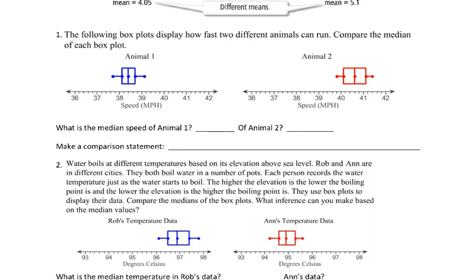So if we're going to compare the medians, we're going to look to see where the middle dot ends up on my line. So that is 38.4. So the median speed of animal 1 is 38.4 miles per hour.